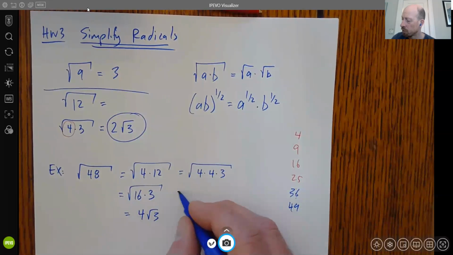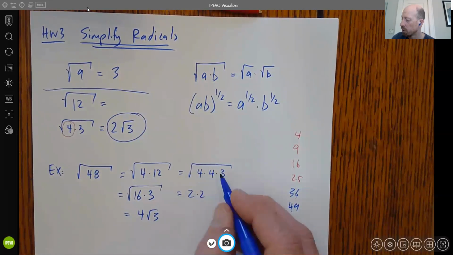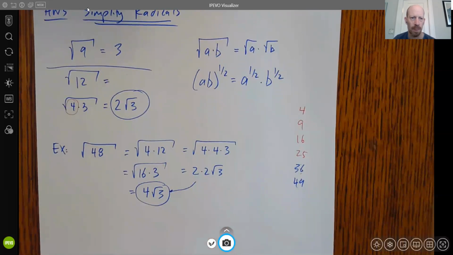This is going to be square root of 4 is 2, square root of 4 is 2, square root of 3. So that's also 4 square roots of 3. So we want to make sure to pull out as much as possible from the square root. We don't want to leave any perfect square factors inside.